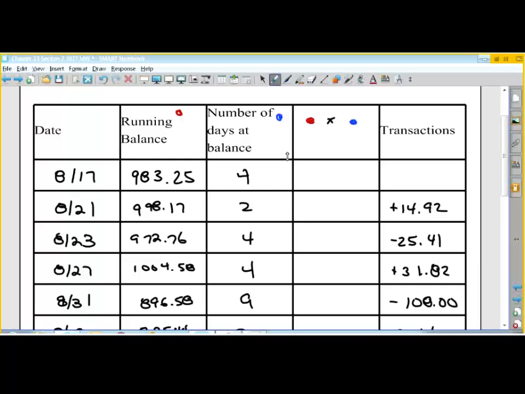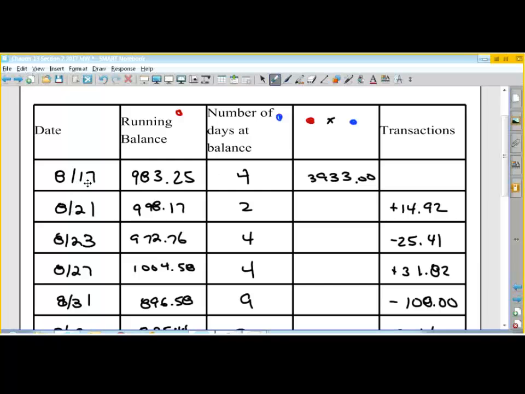So here I have 4 days at my initial balance. So I take 983.25 times 4. So these are just products. And what this is, it says this times that. So I get 3,000, and it's not dollars, it's really dollar days, I guess you would call it if you looked at the units.